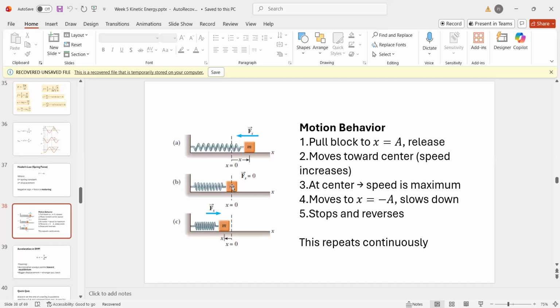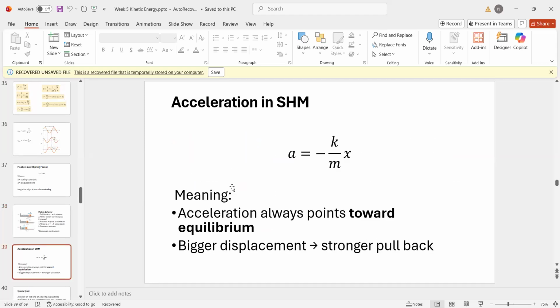And this is something that repeats itself. So what we know about Hooke's law is that the force is equal to minus the spring constant times the extension. And what do you know about the force? The force is mass times acceleration.